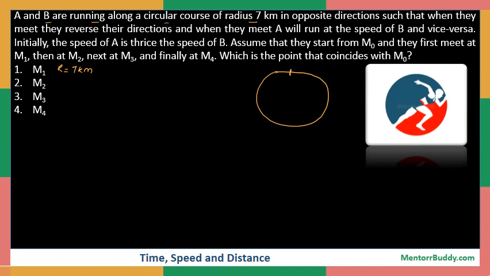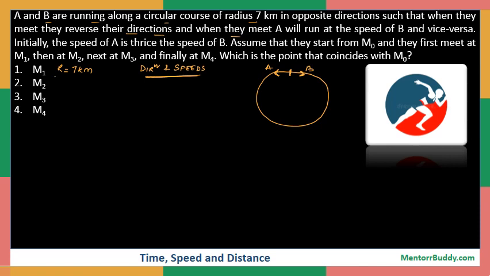So if this is assumed to be the starting point, A is running in this direction, then obviously B will be running in the opposite direction, such that when they meet they reverse their directions, and when they meet A will run with the speed of B and vice versa. So please understand there are two things that we have to keep in mind: their direction and speeds are changing when they are meeting at the points.